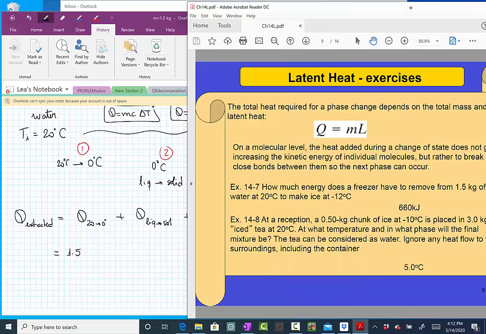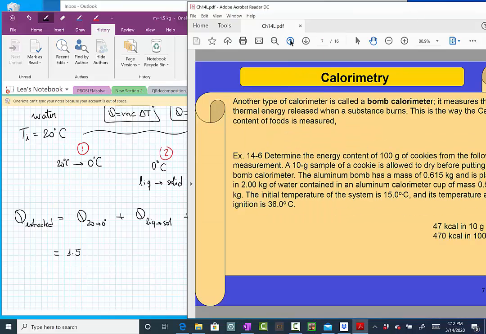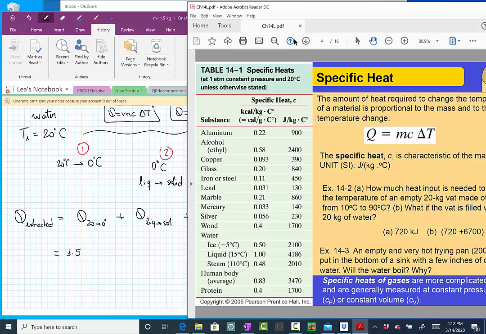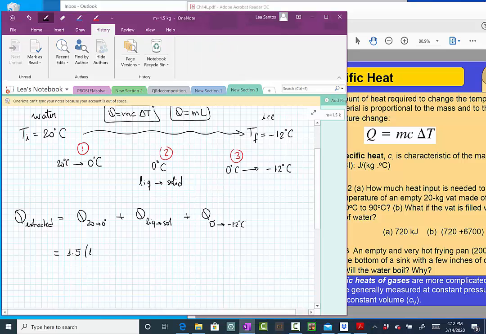Let's double check what it was in our table. c for water here is 4186 in the international system. So let me put here 4186. And what is the change in temperature? Well, the final is 0 and the initial is 20, so I'm going to put here 0 minus 20. I could just have written minus 20.